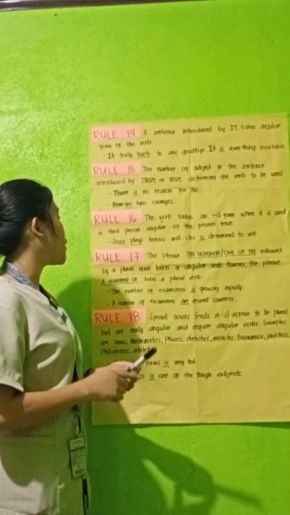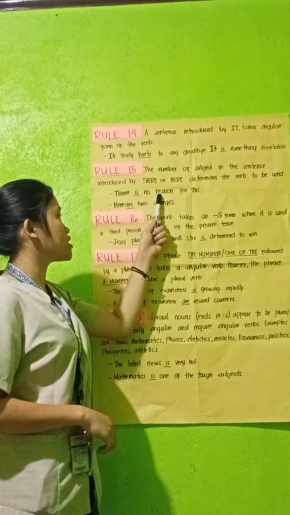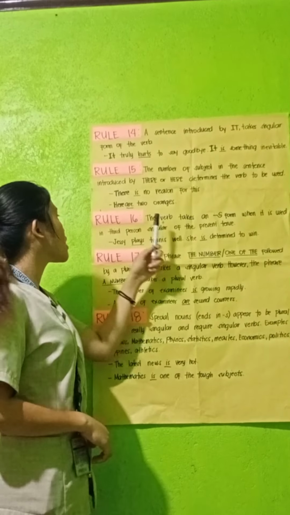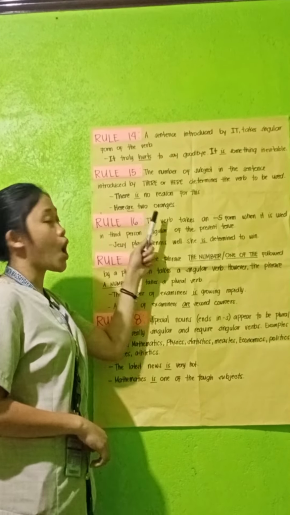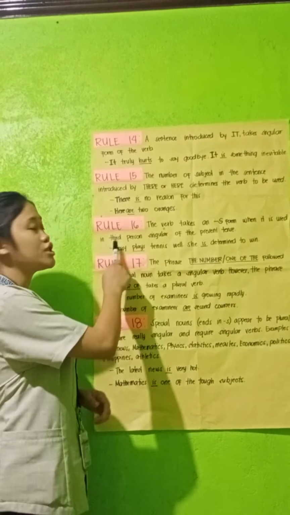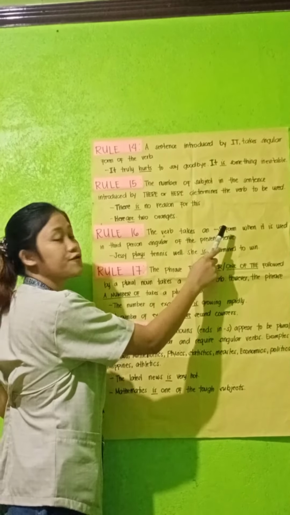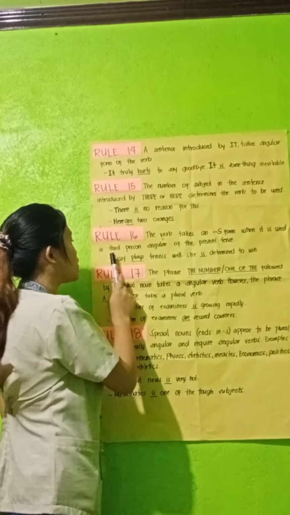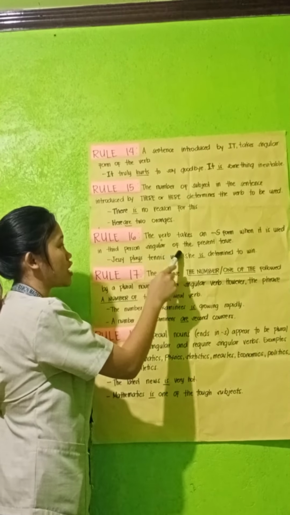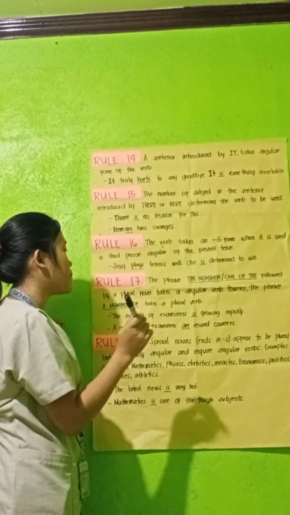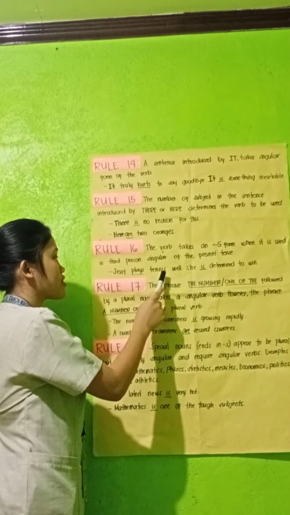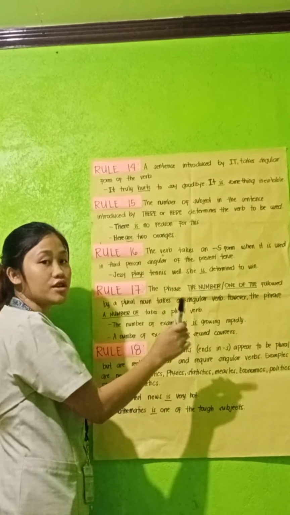For example, there is no reason for this. Here are 2 oranges. Rule number 16. The verb takes an s form when it is used in the third person singular of the present tense. For example, Jessie plays tennis when she is determined to win.